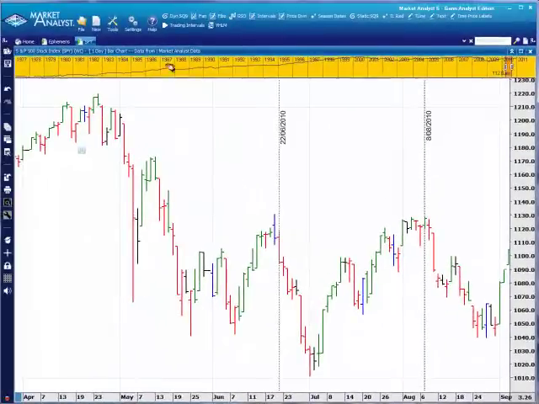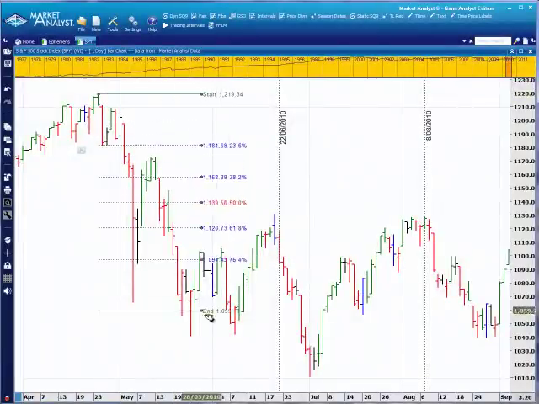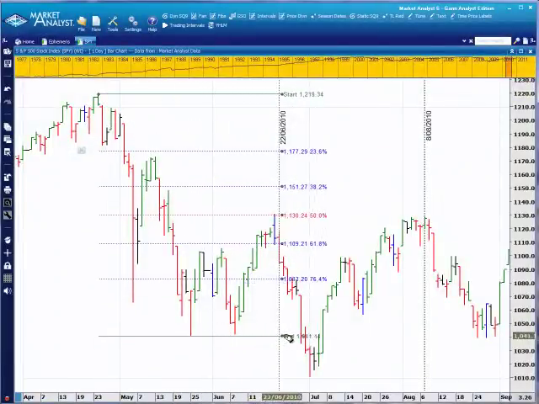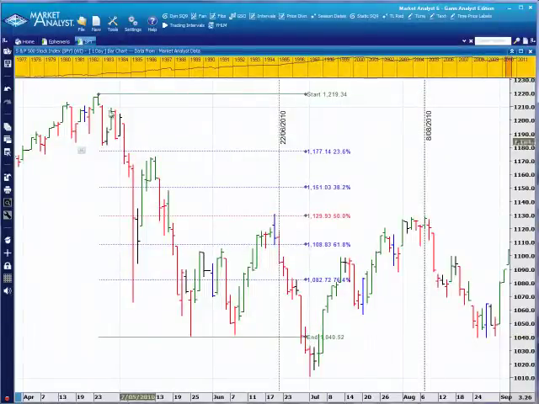If we use the Fibonacci retracement tool, and many people would be aware of the power of the Fibonacci retracement levels, what we can see, if we take the previous high and the previous low, are the retracement levels according to Fibonacci's mathematics.